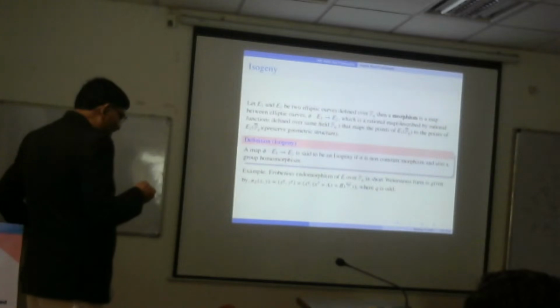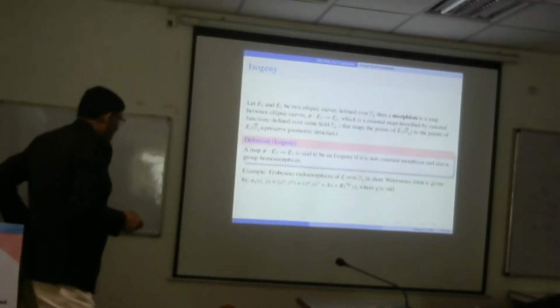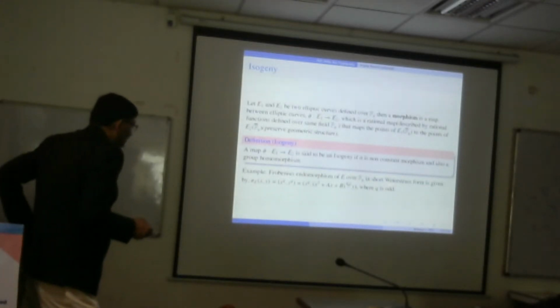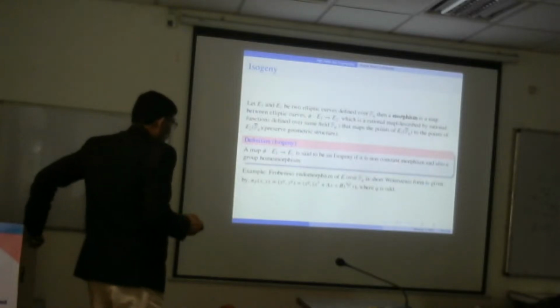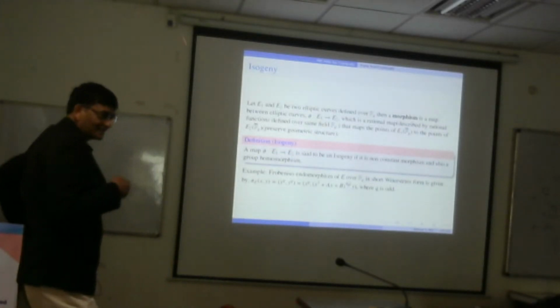Here an isogeny is a mapping from one elliptic curve to a second elliptic curve, which is said to be an isogeny if it is a non-constant morphism and is also a group homomorphism. So now again the mathematical concept came.